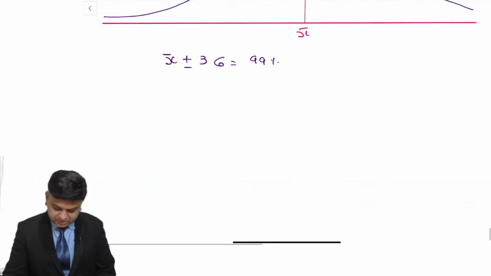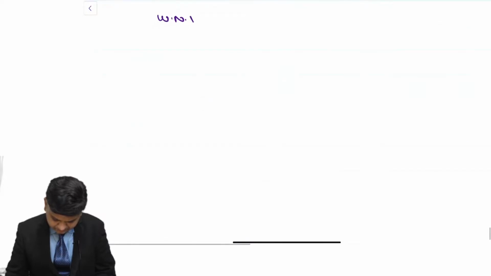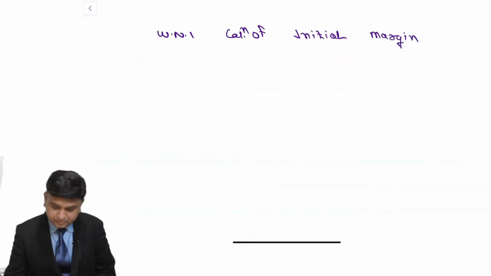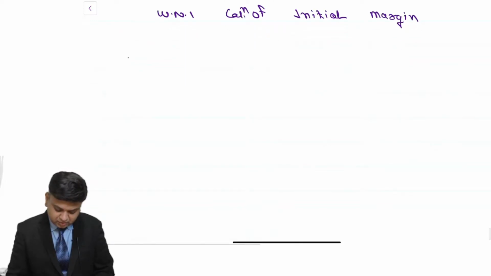So write down the answer of the question. Working note number 1: calculation of initial margin. How will it be done? Mu plus 3 standard deviation.